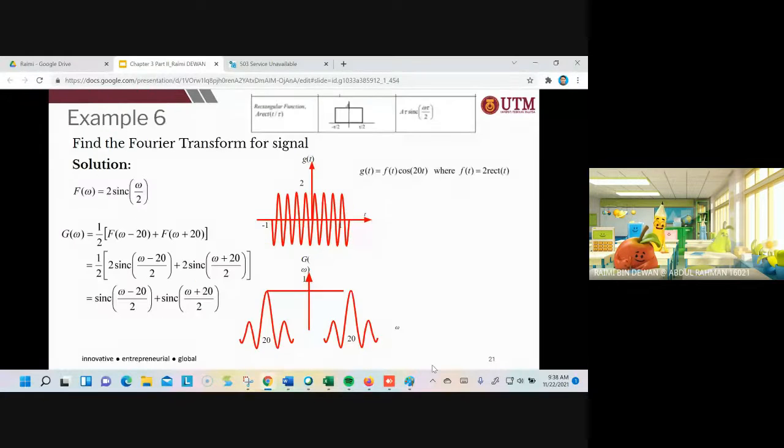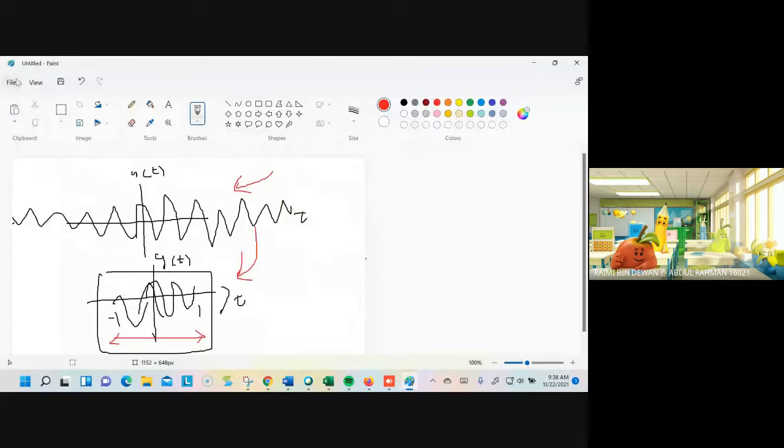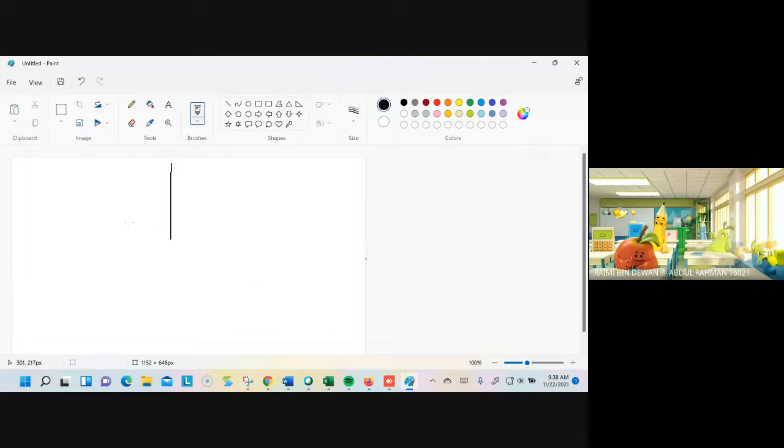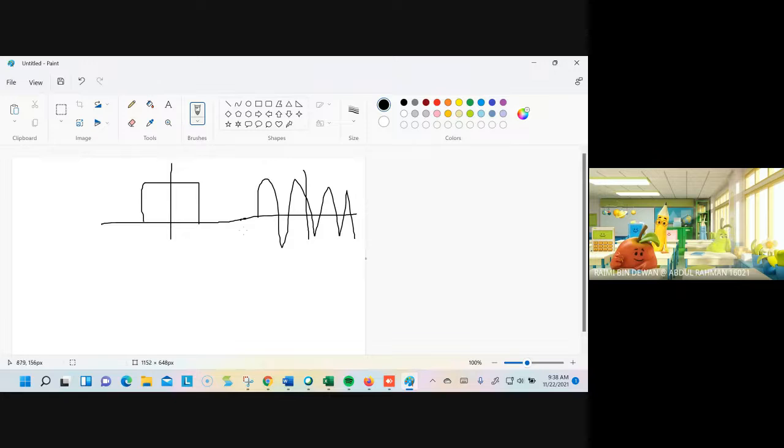Maybe I just show this. This is not related to that question. For example, you have your rectangular, and then you have the cos signal, and then you multiply them, I mean you modulate them together. That's why it only takes the certain range inside.